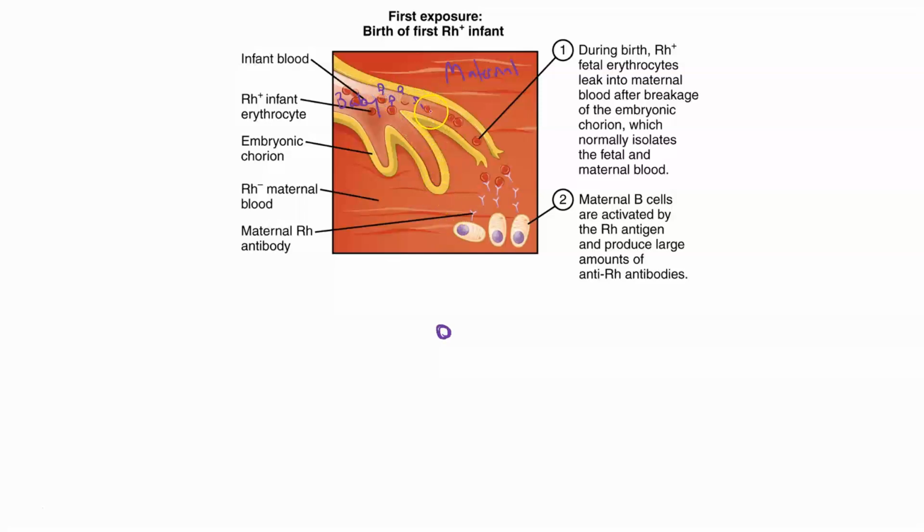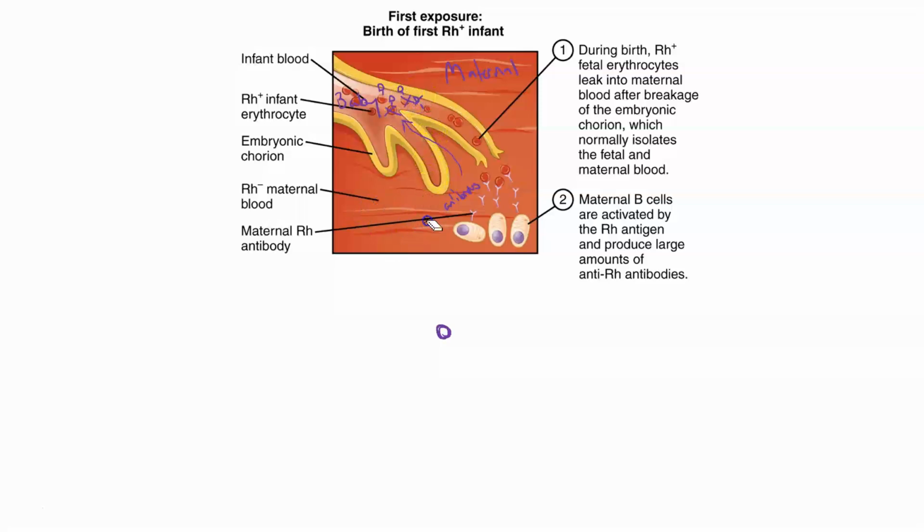Well, what happens is it's no big deal during the pregnancy because there are no anti-D antibodies here. If there were anti-D antibodies, they could diffuse, since antibodies are very small, into the fetal blood supply and start destroying these red blood cells because they have the D antigen.